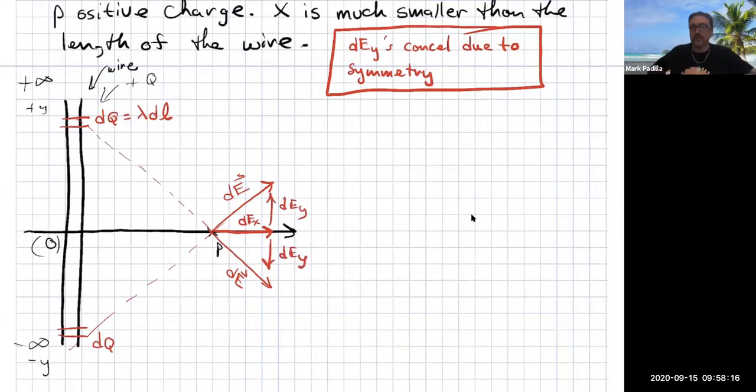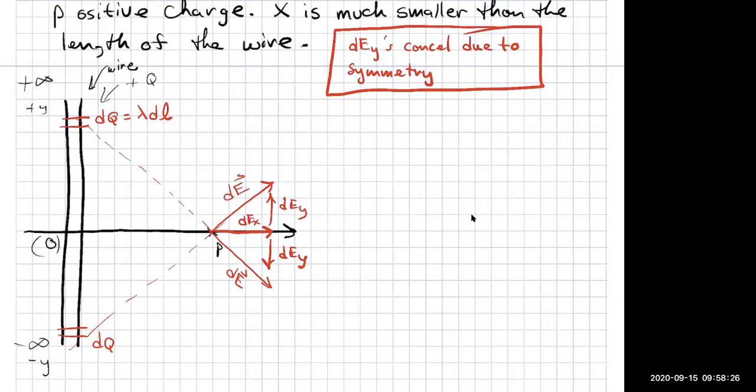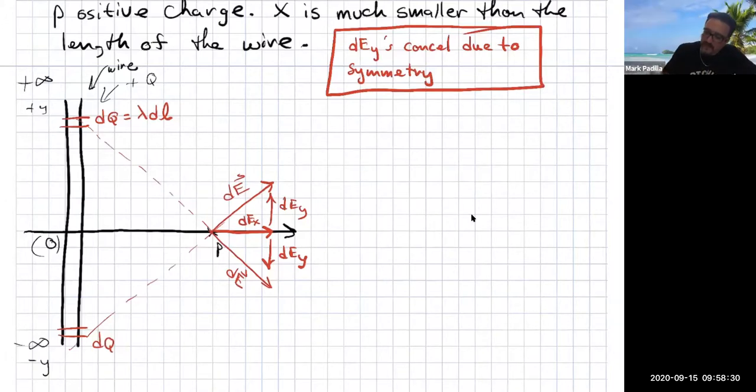Due to this infinitely long wire, what is the only direction the E field will point? The x direction.